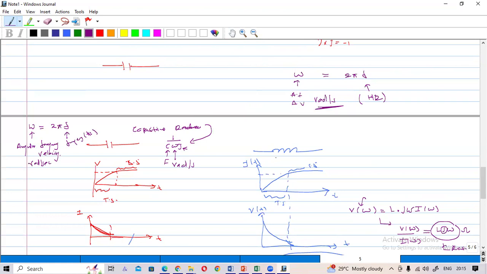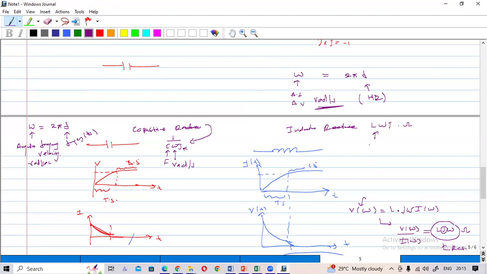And for the inductive reactance, it is L omega J. This is also measured in ohm.